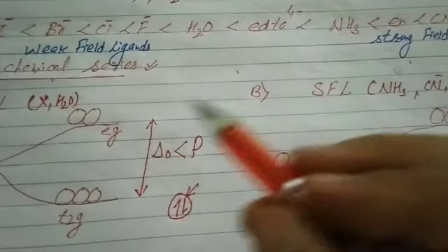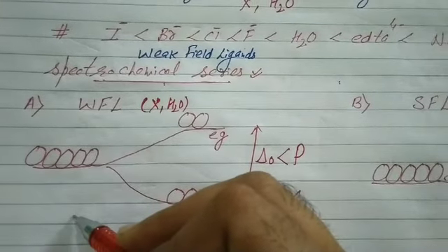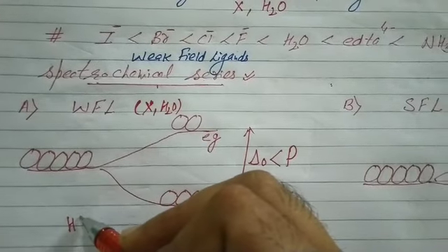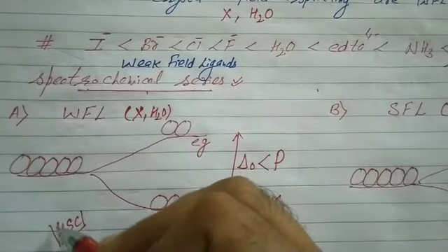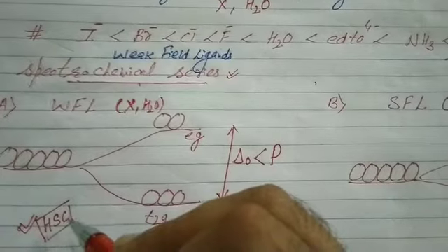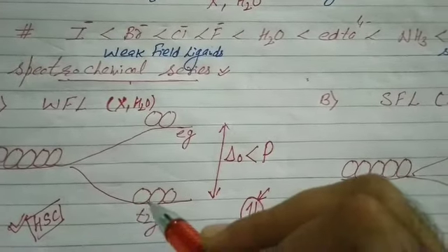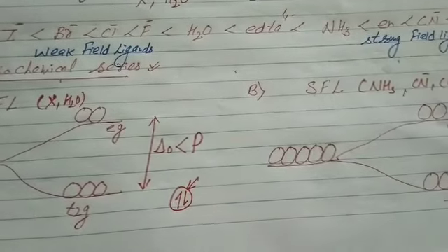If it is a weak field ligand, we call such complexes, in VBT, high spin complexes, that possess the maximum unpaired electrons. The first 3 electrons, in either weak or strong field, go to the t2g level.